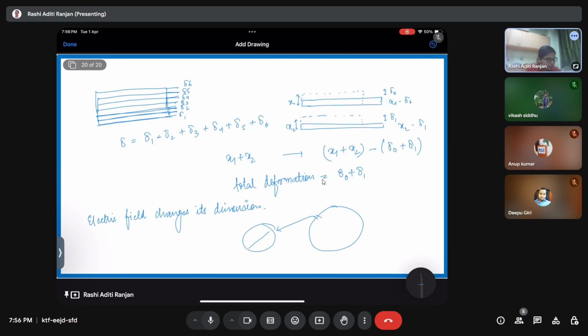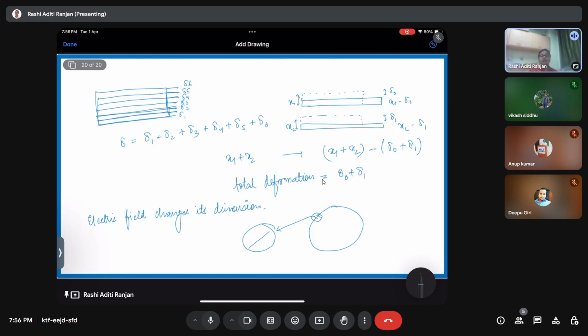That is true. Similarly, for the piezoelectric material also, if we consider a very small variation of the dimension, then we can say that the behavior is linear. But for large deformations, this statement is not true.